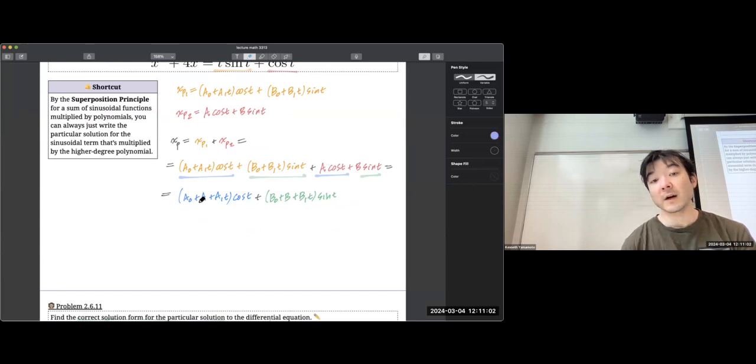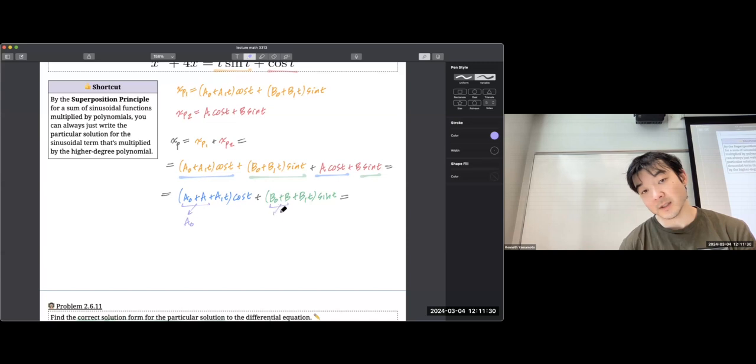Here you have two coefficients that are constants, A naught and A, and then A1t. You could just leave them like this, but you could also say that you have two constants added together that are some coefficient we are going to find, so you could just say this is my new A naught.